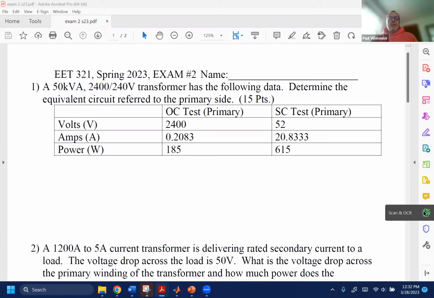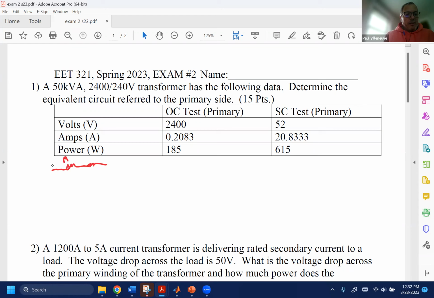What I always recommend to everybody when you're doing this work is to just put what you're trying to solve for. And here's our base transformer equivalent circuit. I'm going to put everything on one side of the transformer just to make it easier. Here's my R equivalent, my JX equivalent.